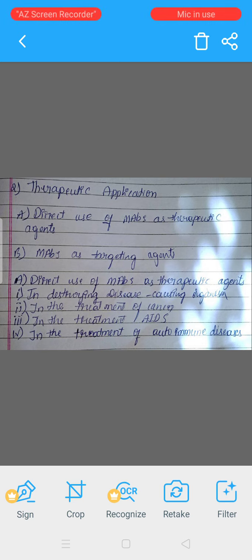Monoclonal antibodies can be directly used for enhancing the immune function of the host. Direct use of monoclonal antibodies causes minimal toxicity to the target tissues or the host. First one, in destroying disease causing organisms.